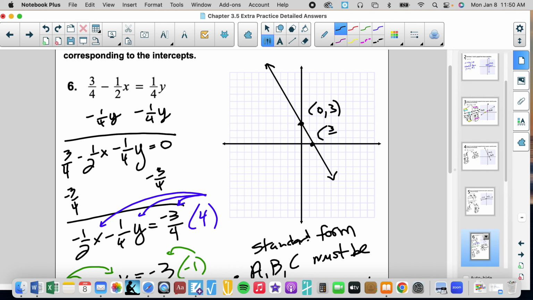So if we have 25x plus 10y equals 9,000, my x-intercept, I'm going to plug in 0 for y, and that gives me 25x equals 9,000.